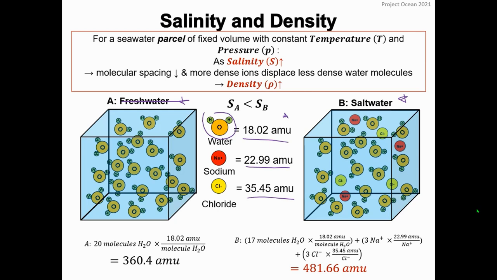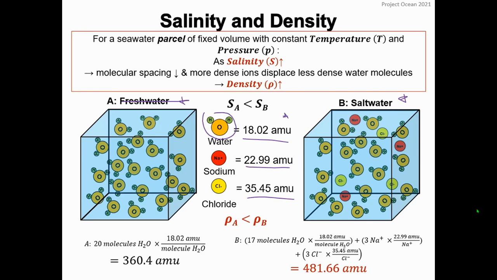That gives us a grand total of 481.66 atomic mass units in parcel B. So comparing the masses within the two parcels, it's pretty clear I have a higher mass in parcel B than I do in parcel A, even though the volumes of those parcels are the same. Therefore, the density in parcel A is less than the density in parcel B.